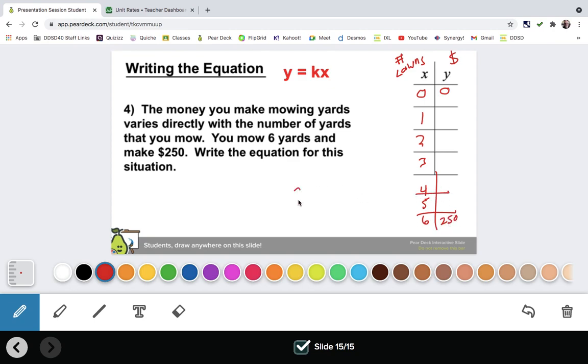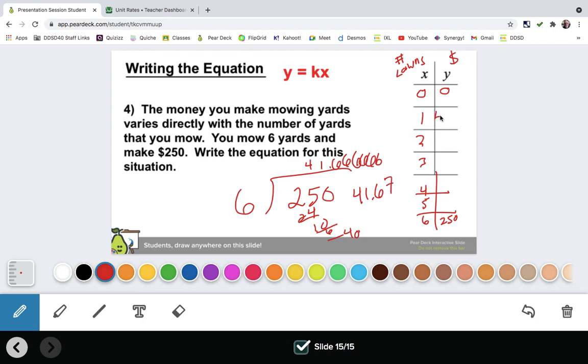So in class, what we decided is that if we divide the $250 among all 6 jobs of mowing the lawn, it would come out to $41.66666. That 6 would keep going, so we can round it to $41.67.